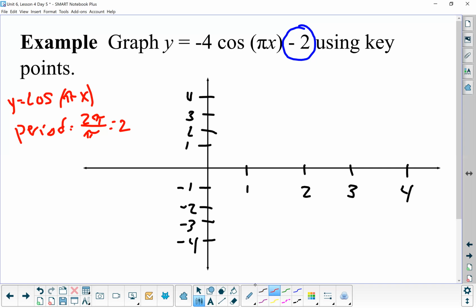So if I graph cosine of pi x, we would go period of 2 again, graphing 2 periods of the graph of the function.